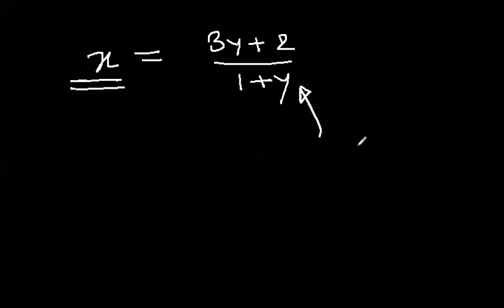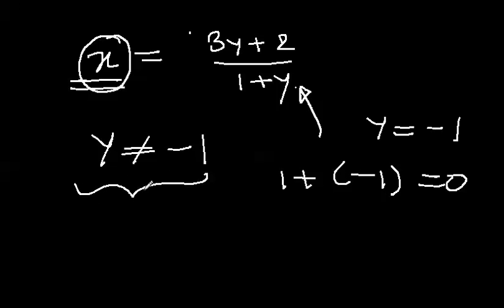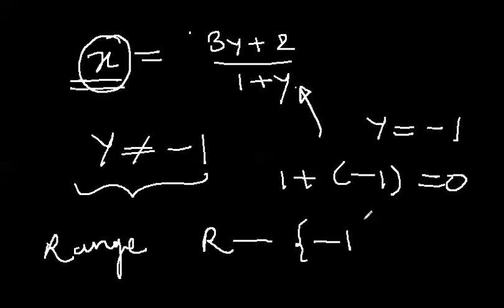If you put y equals negative 1, you get 1 plus minus 1, which is 0 in the denominator. It's not defined. So for this function, y cannot be minus 1. So what is our range now? Since you have found x in terms of y, the set we find is the range. So the range of this function is the set of all the real numbers except minus 1.